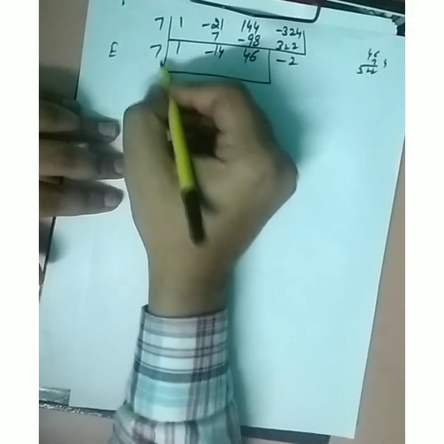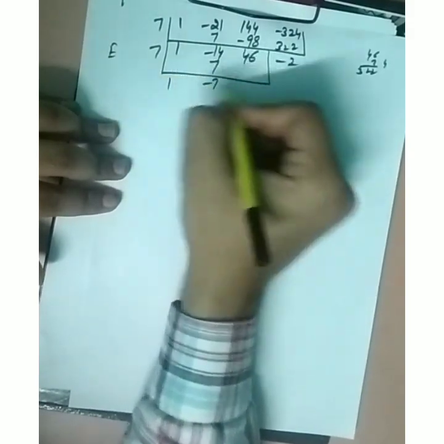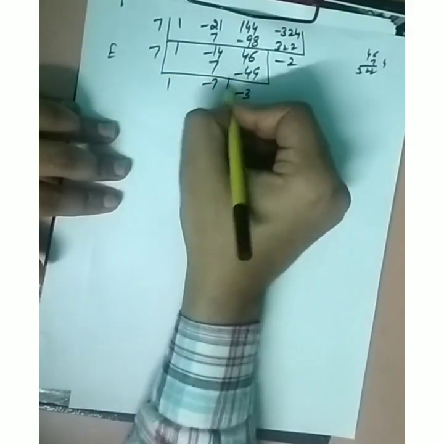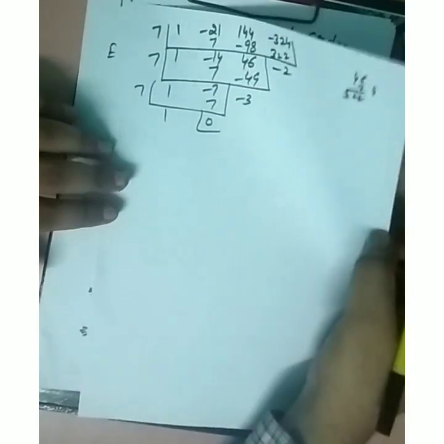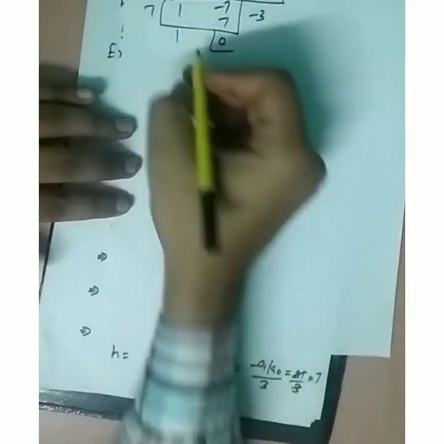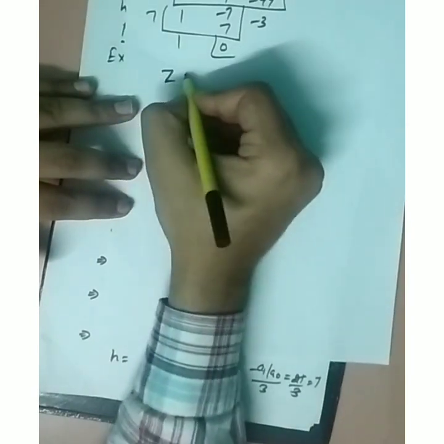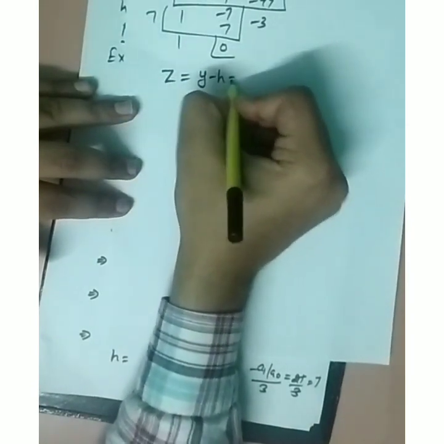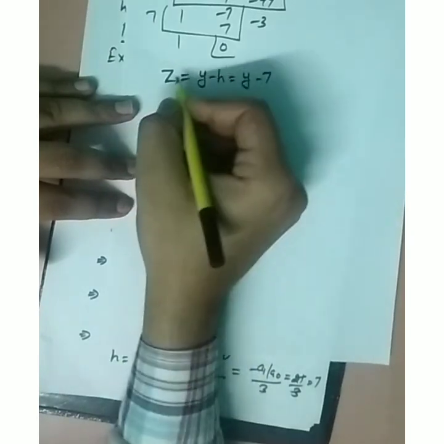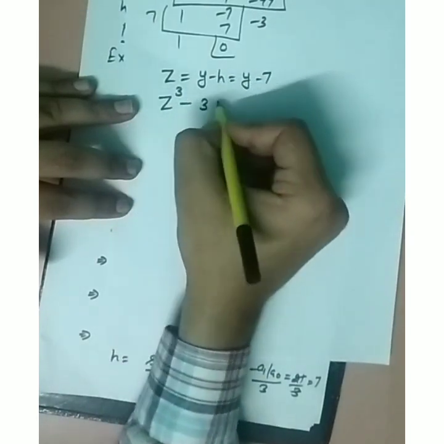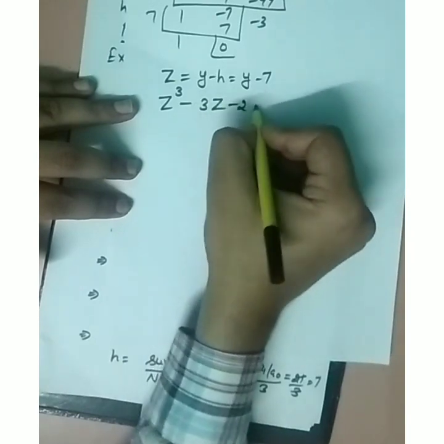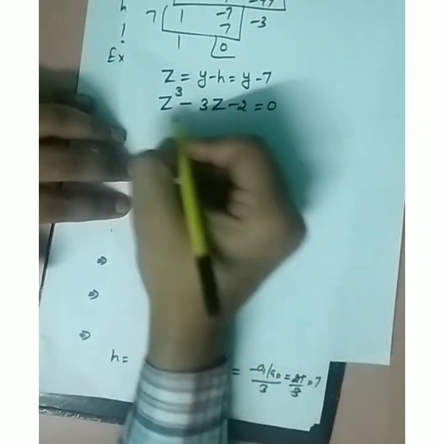So 7, first term as it is, adding: minus 7, into 7 is minus 49, that is minus 3, and minus 3 into 7 is minus 21, that is 0. So the equation becomes, in z equal to y minus h, that means y minus 7, z cube minus 3z minus 2 is equal to 0.